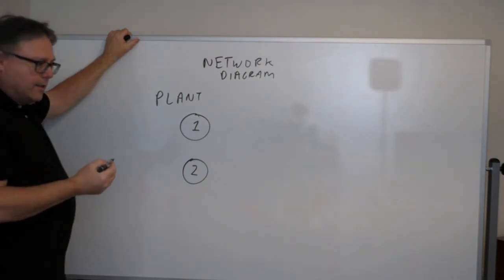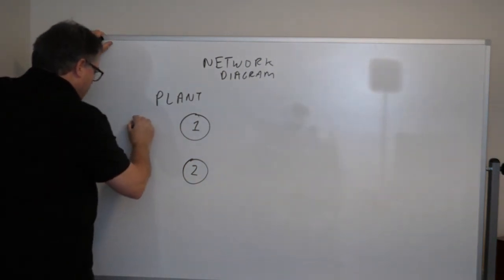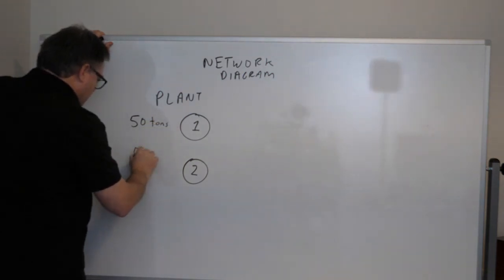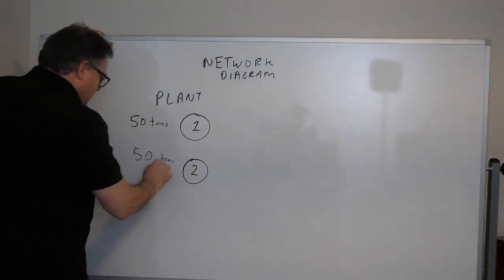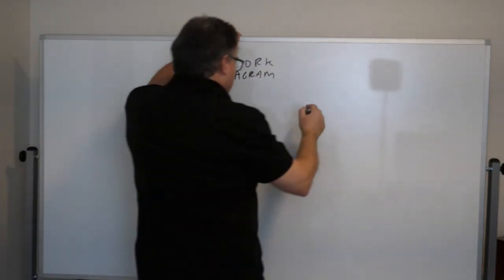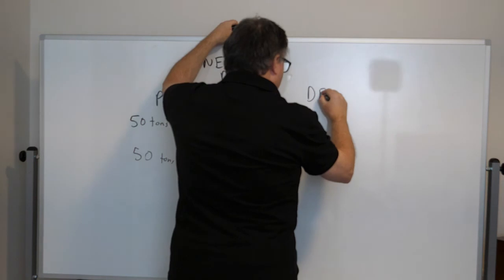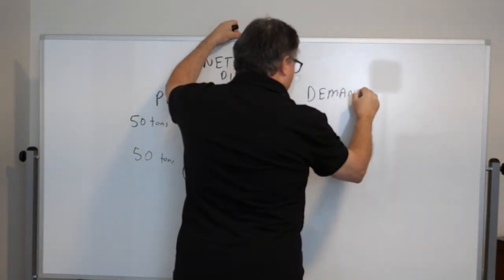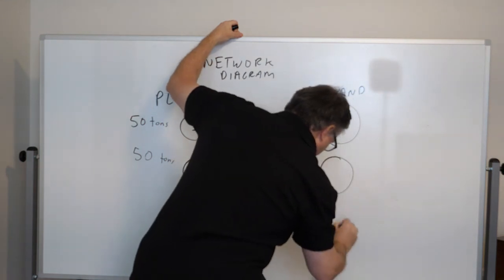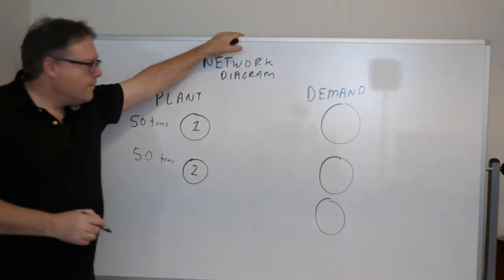And we know that the available capacity at plant 1 is 50 tons and 50 tons at plant number 2. On the other side, on the demand side, we have 3 neighborhoods that we're driving our bricks to.